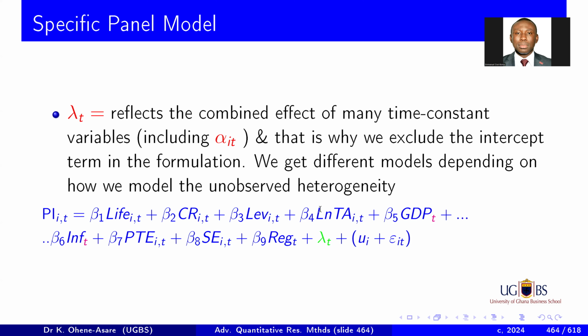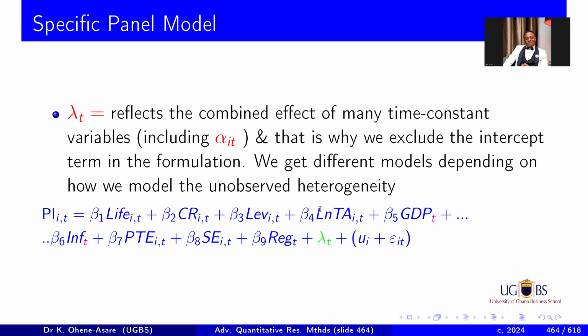To be honest, for the first variable, it shouldn't have been IT, it should have been I, just I. So per the current description, there's an error there. Life is whether you are a life insurer or non-life, and that is changing across individuals.